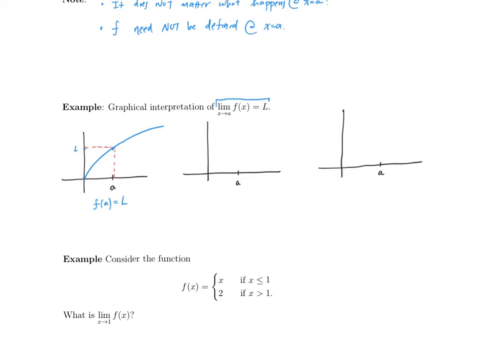I'm going to draw the function a bit differently now. I'm going to put an open circle at a, and then way up at 100, I'm going to put a closed circle.